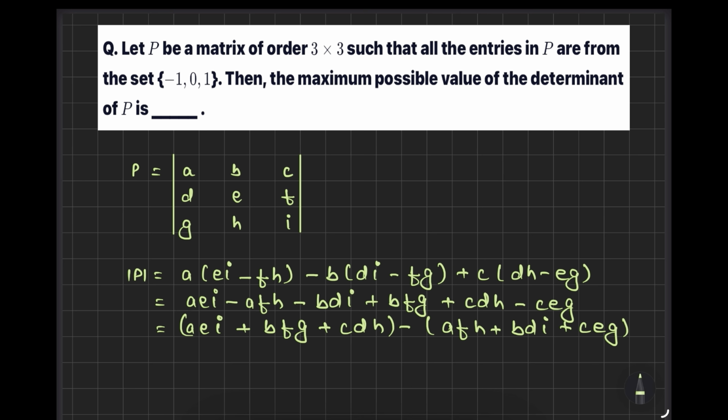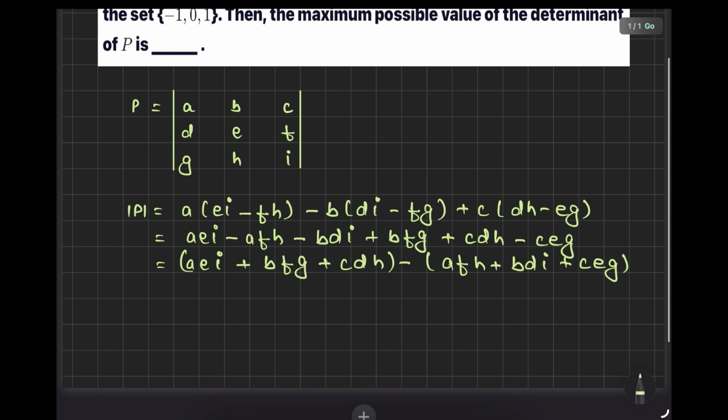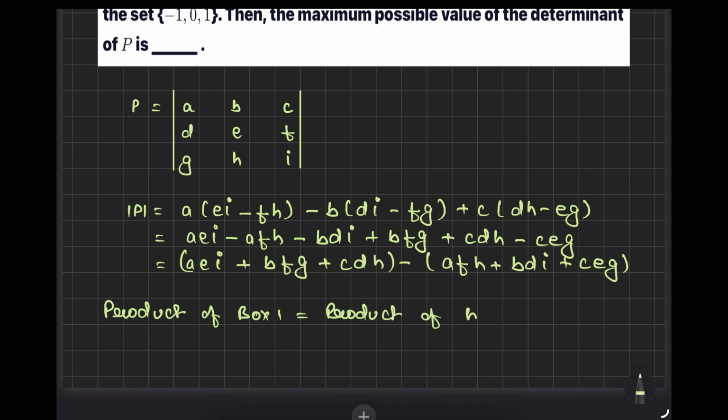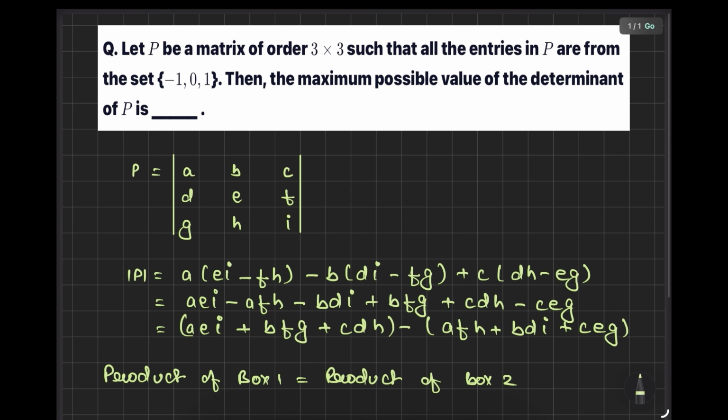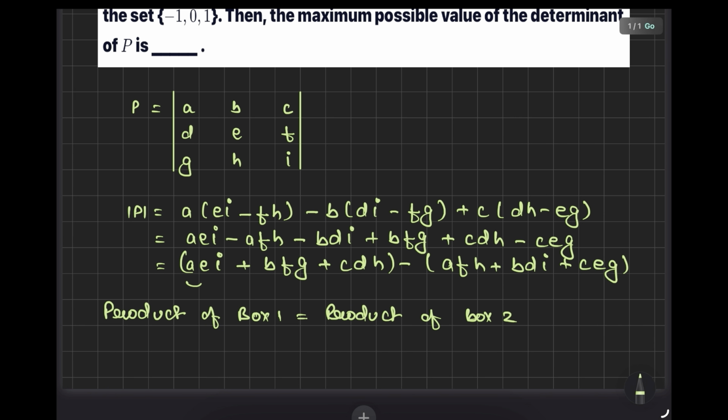Also, you know that the product of box 1 is equal to the product of box 2. Okay, I hope till this part you guys are okay. Now this is three numbers: 1, 2, and 3.